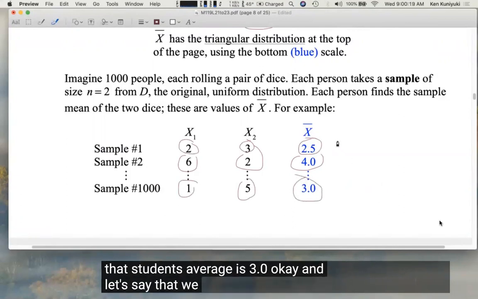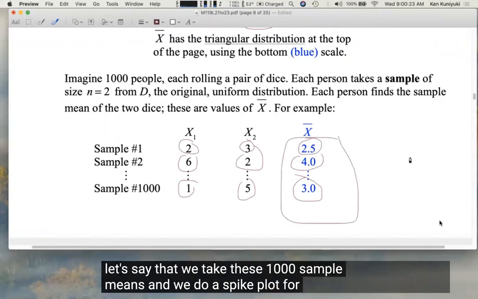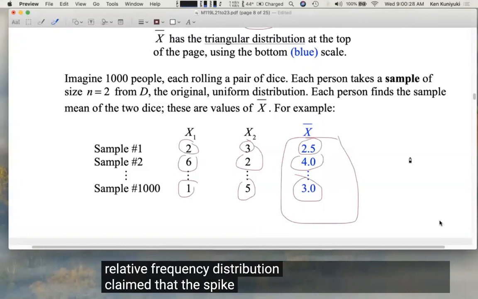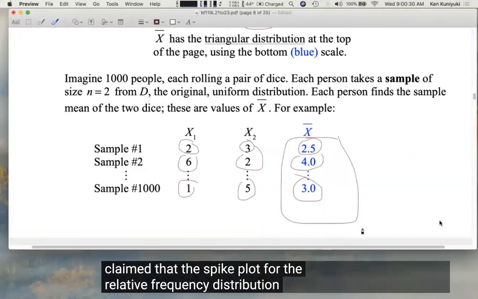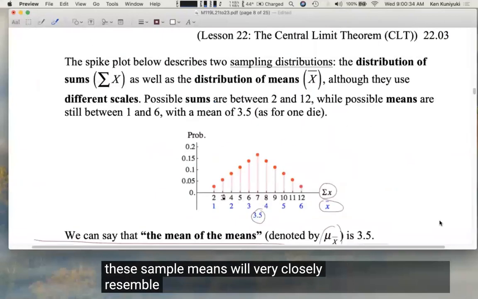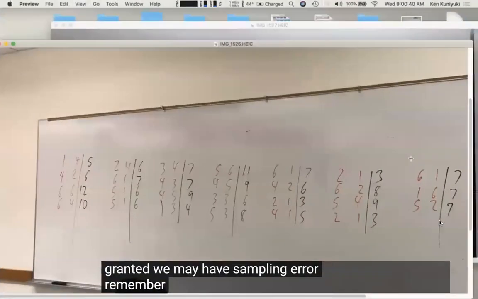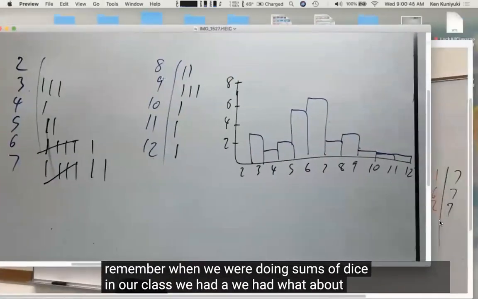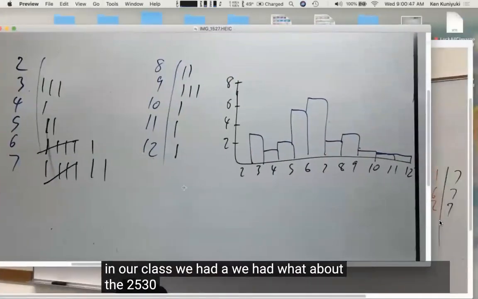Okay, and let's say that we take these 1000 sample means and we do a spike plot for them, a relative frequency distribution. I claim that the spike plot for the relative frequency distribution for these sample means will very closely resemble this triangular plot over here. Granted, we may have sampling error. Remember, when we were doing sums of dice in our class, we had about 25, 30 students or so.